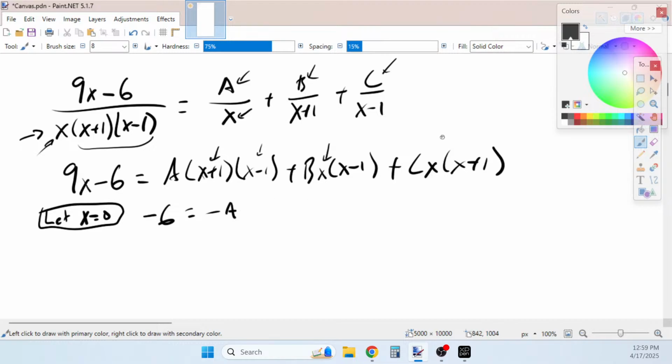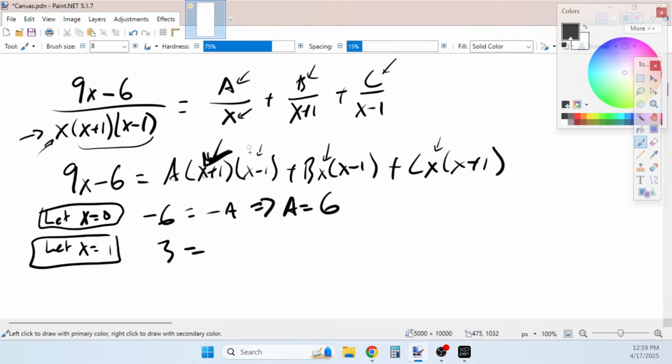That turns 0, so 0. Same over here. So this means A. On the other hand, let x equal, the left side of the equation minus 6.